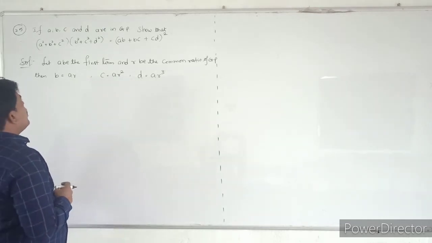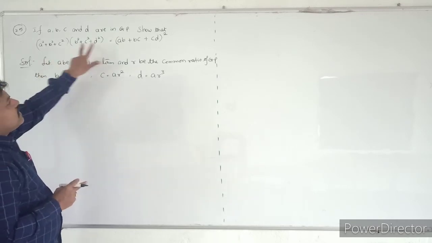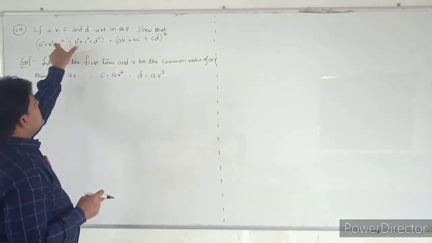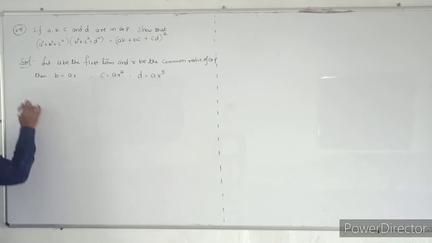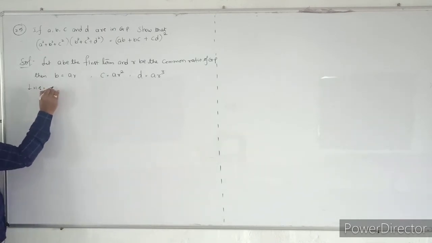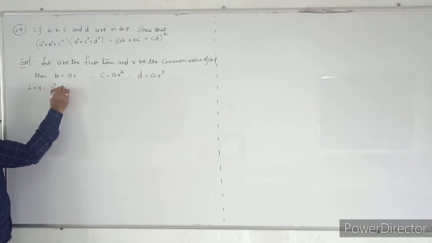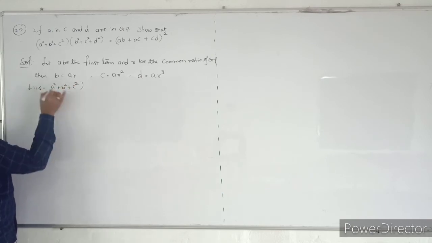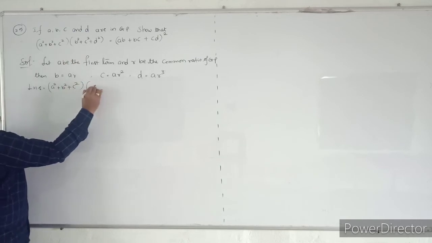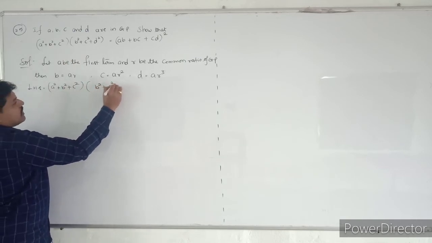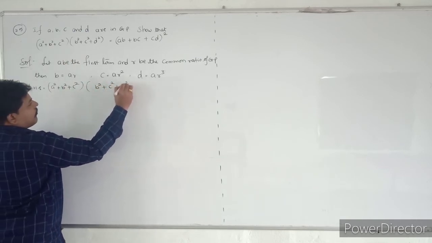Next, we are going to show that LHS is equal to RHS, so I will take the LHS here. LHS is equal to (a square plus b square plus c square) into (b square plus c square plus d square).